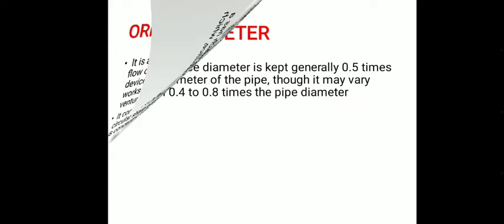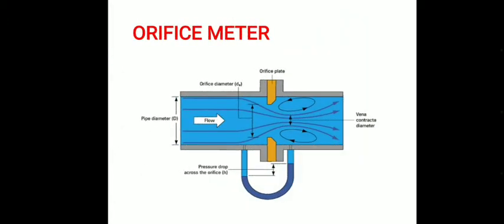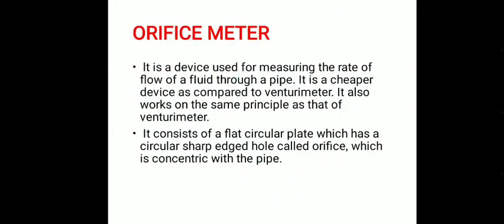That means the orifice diameter over here is designed in such a way that it is 0.5 times the diameter of the whole pipe. It may vary from 0.4 to 0.8. Clear? And the diameter of this orifice can be varied by varying the size of this orifice plate. Clear?